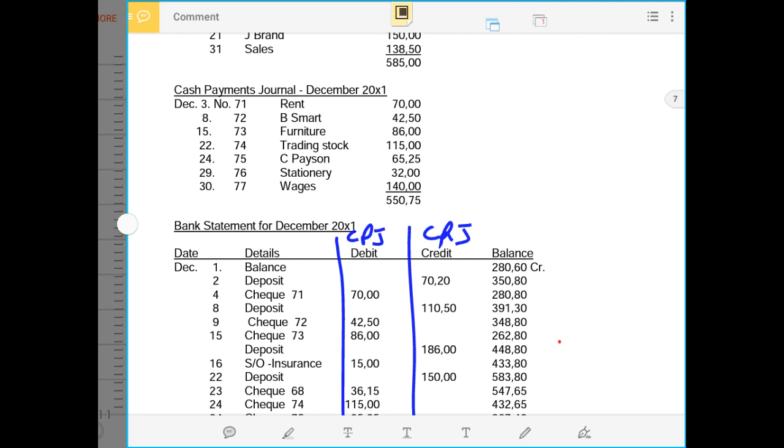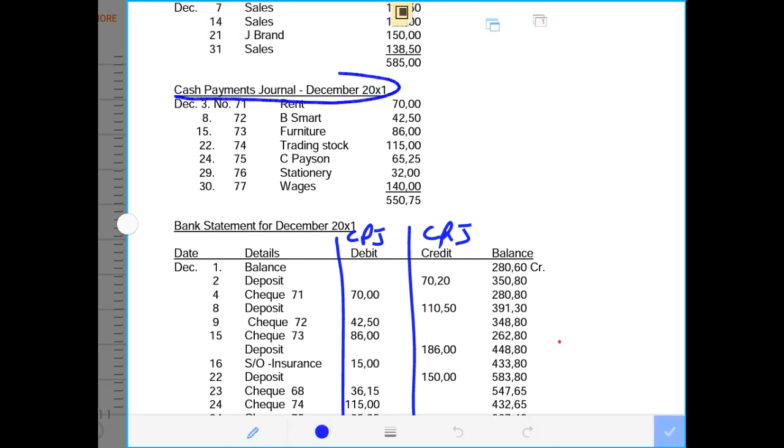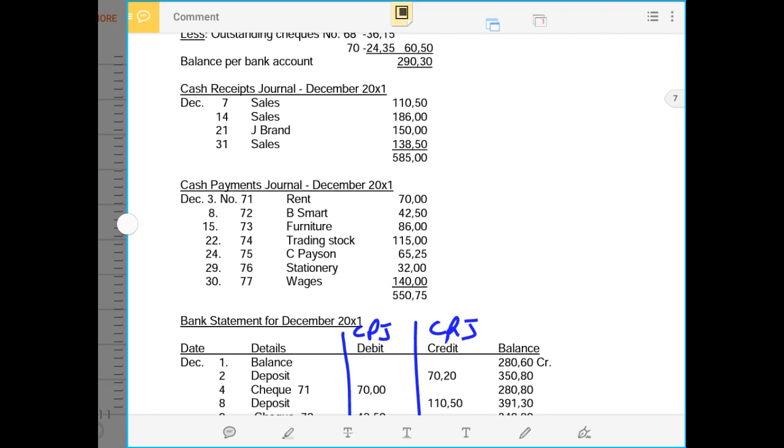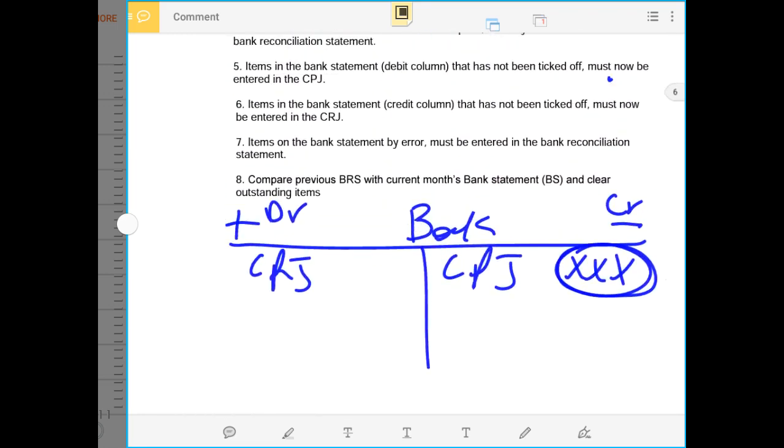On the cash payment journal, we have an amount of 70 rand, and we compare that with the debit column of the bank statement, and there is 70 rand. You tick that on both sides, then you do nothing, because this amount of 70 rand was recorded by us and also by the bank that we bank with. So you do nothing after you have ticked that amount.